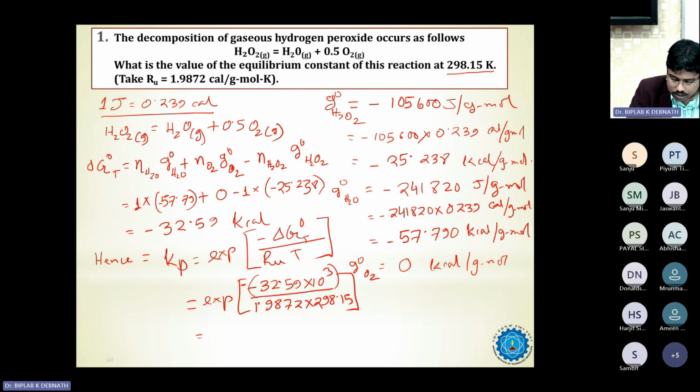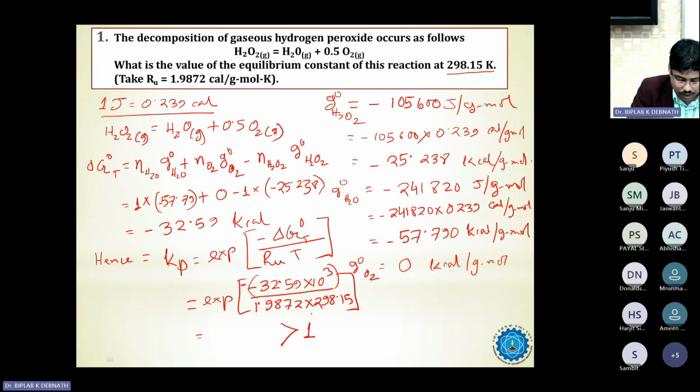So exponential of something positive. Let the calculation be homework, but definitely you understand this should be greater than 1. Okay, Kp will be greater than 1.